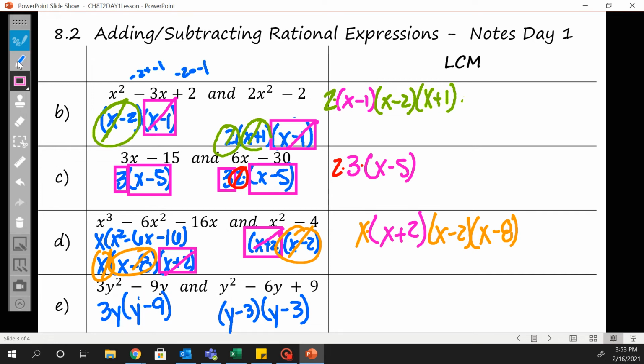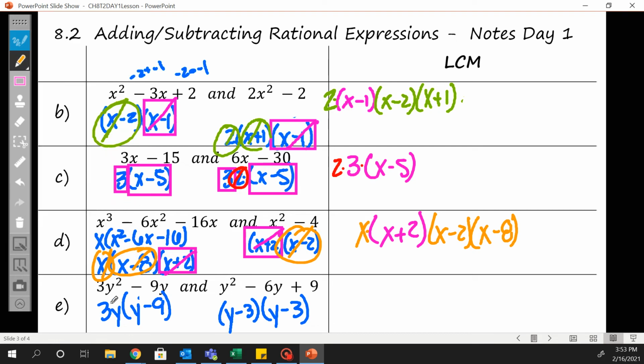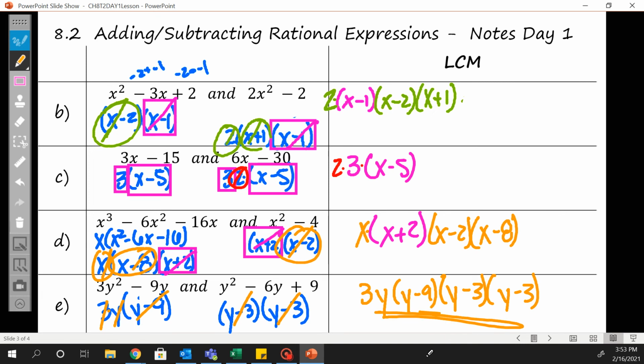Well, they have nothing in common. So the lowest common multiple is just going to be all of them. So 3, y, y minus 3, y minus 3, and y minus 3. So that's the LCM for that one.